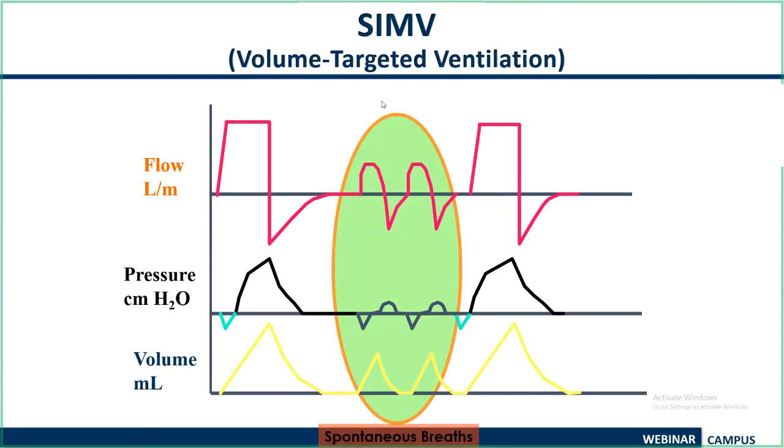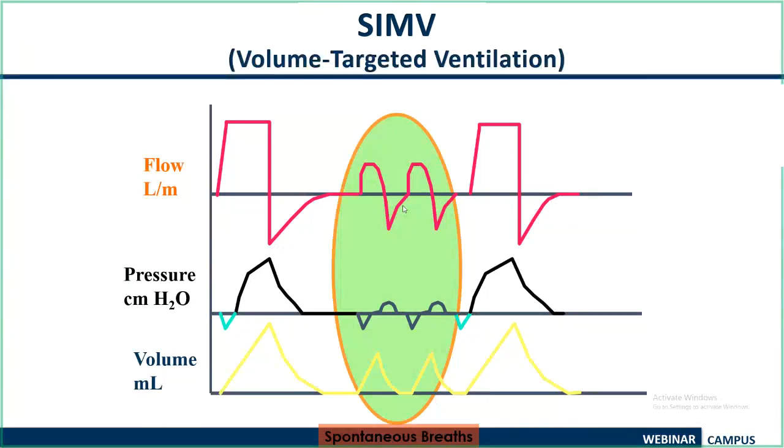That was the concept. But what happened later on, when it was studied in the lab, especially the animal lab, they placed electromyogram leads on the intercostal muscles and the diaphragm. Ideally, with the SIMV principle, the EMG force should be less when the patient is breathing spontaneously, so that at this point the work of breathing will be less.